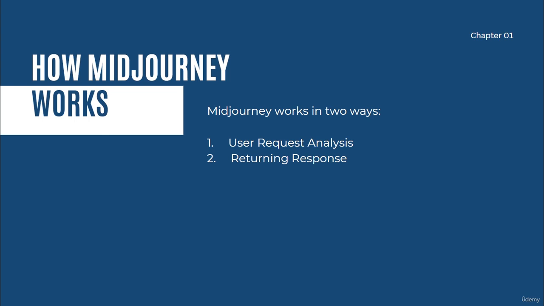So this is the way Midjourney is going to work for you. First of all, it will take your request, take some tokens, words out of it, analyze these words, going through all the neural networks, and generate some type of response out of it. In the second part, it will collect all these responses, analyze them, and make its final decision again, and these results will be given to you.